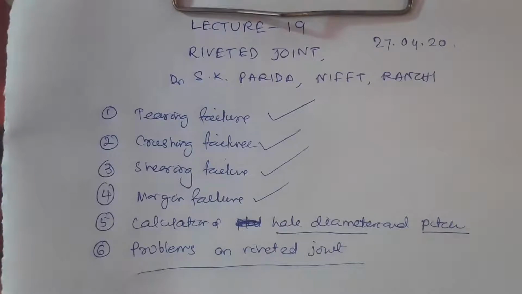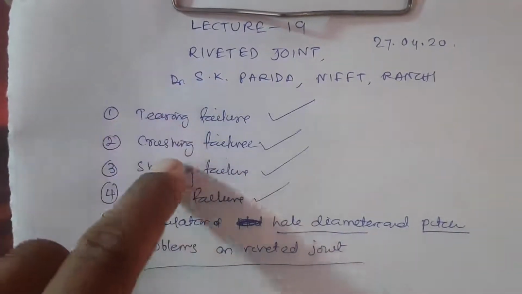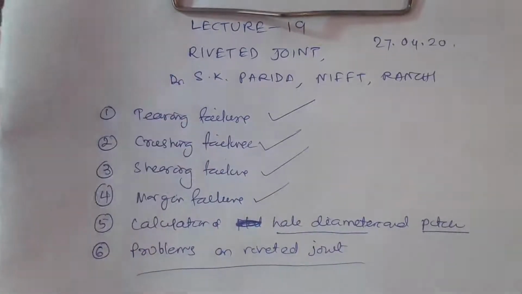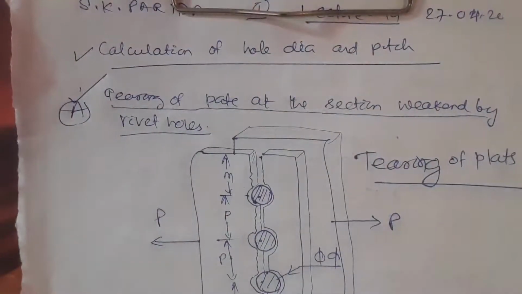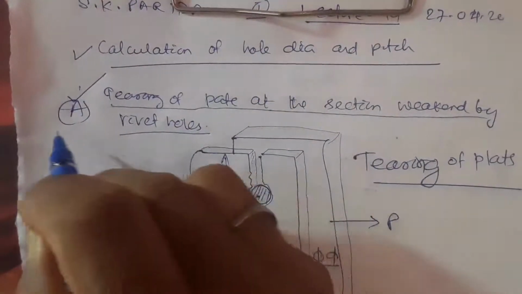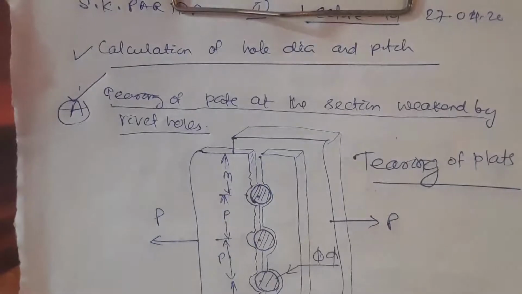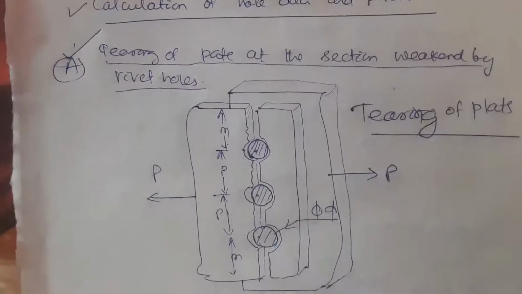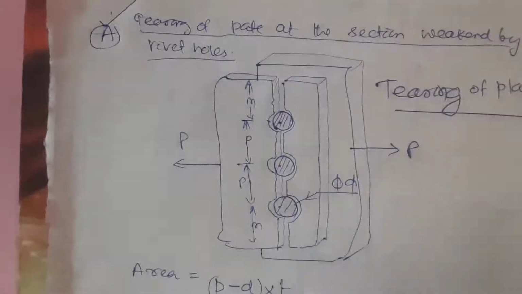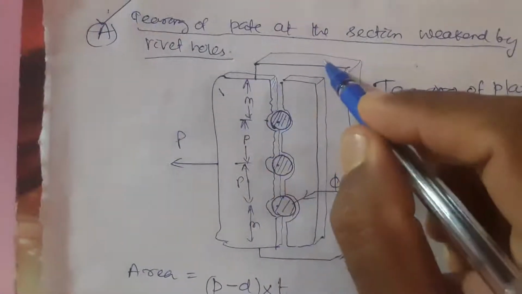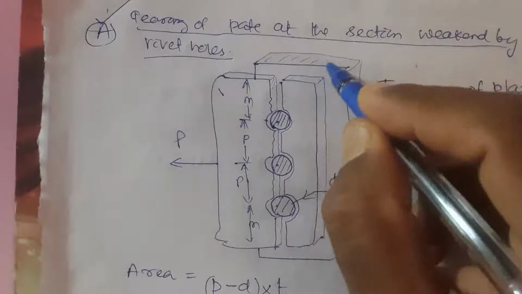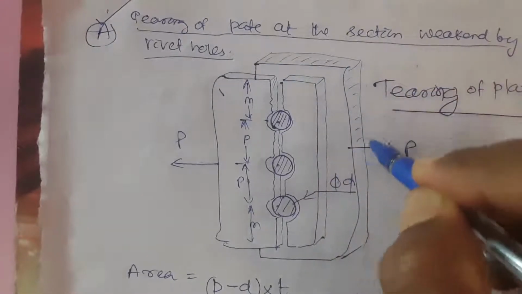Before that, let me discuss the tearing, crushing, shearing and margin failure. We'll also talk about how to calculate the hole diameter and the pitch, but first let me talk about this one. If I show you a riveted joint, this is the top plate and this one is the bottom plate, and this is its cross section.